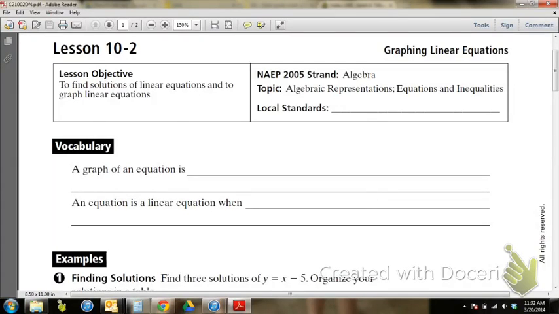In Lesson 10.2, we're going to graph linear equations, but we're only going to do part of it. So first off, let's fill in this vocabulary. A graph of an equation is all of the points.